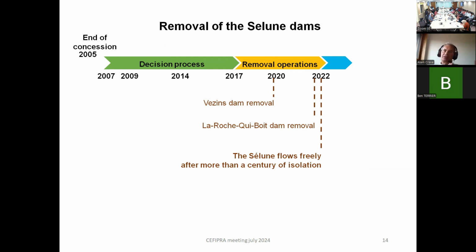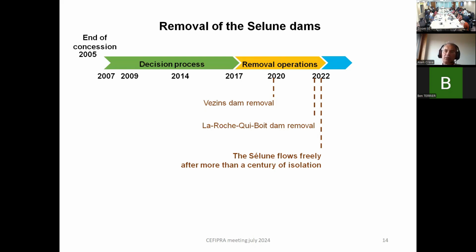So you have quite a strong decision process to prepare this operation and to prepare people to accept it, because mainly the local people don't want this operation. They like the landscape with the lakes very much, and this was, I would say, the main reason why the people don't want to have this dam removal operation.